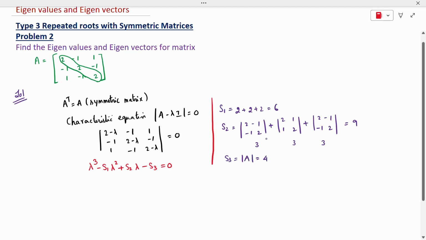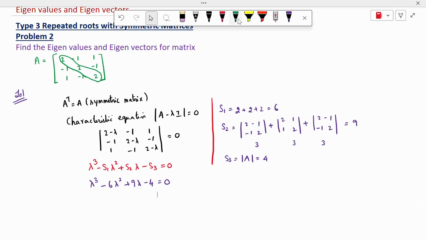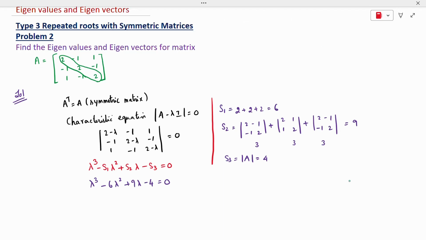So that is completed. Substitute: lambda cube minus 6 lambda squared plus 9 lambda minus 4 equal to 0. Solve using a calculator or synthetic division. Now I will go with synthetic division. 1, minus 6, 9, minus 4.